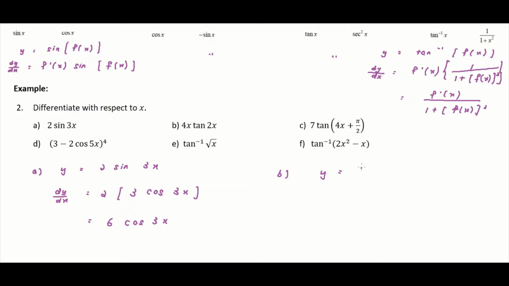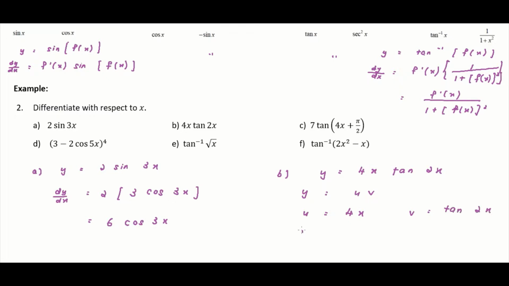Y equal to 4x tangent 2x. So same thing, you can realize that this is not a constant, which you have an x. So that's why y equal to uv, then after that u equal to 4x, and then v equal to tangent 2x.